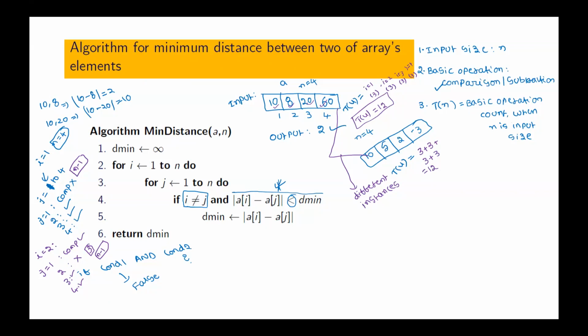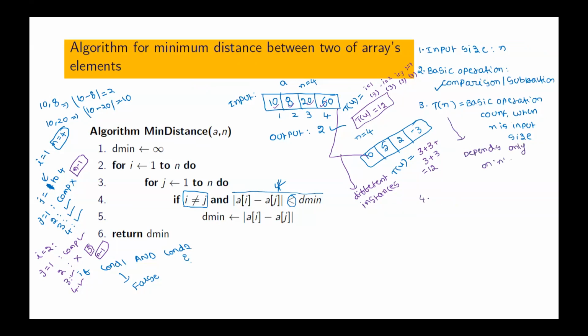It is now clear that T of n depends only on the number of elements, n.